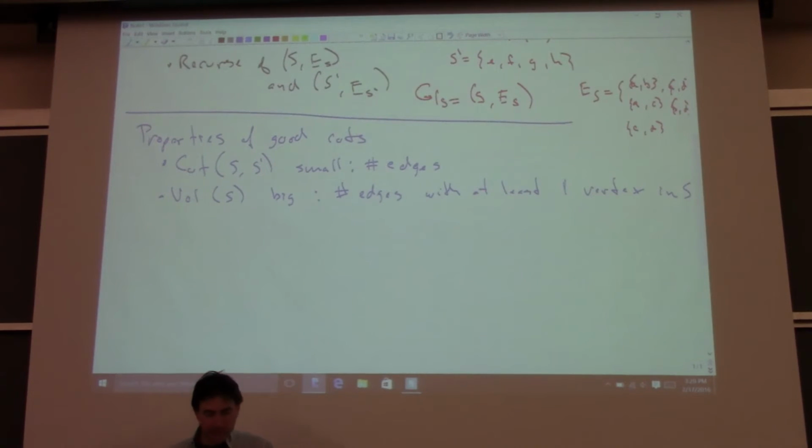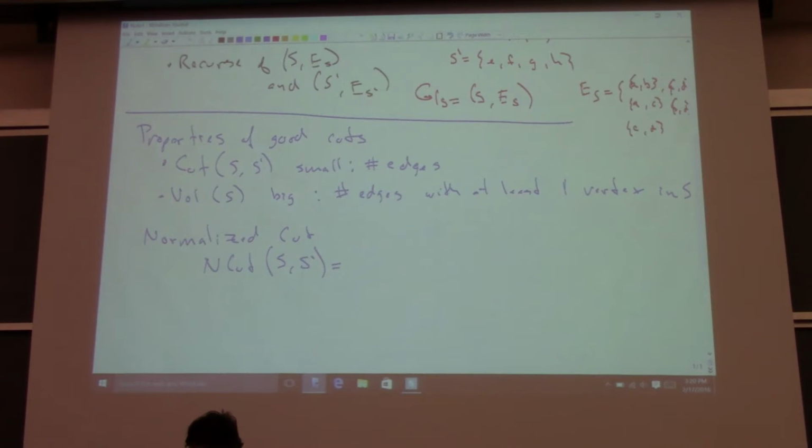A very popular way, and there are actually a few ways of doing this, is called the normalized cut. This is called the normalized cut of, say, S prime.